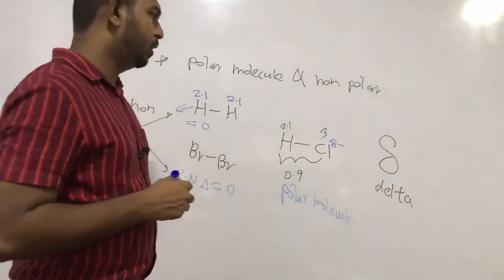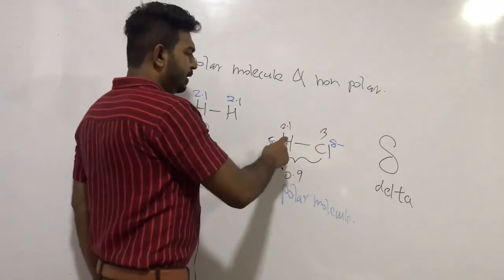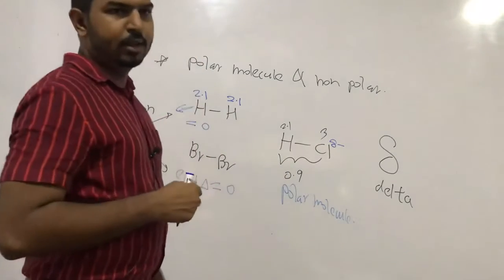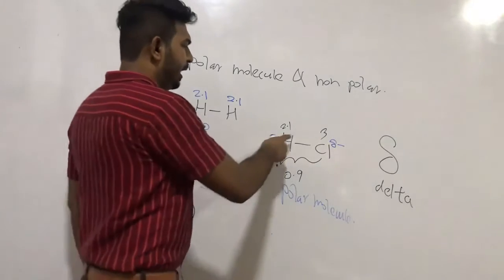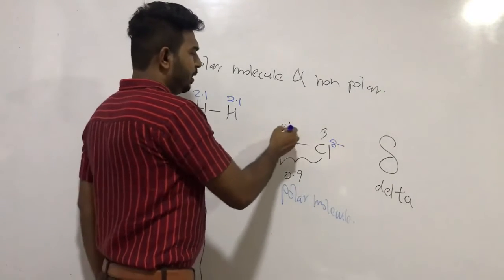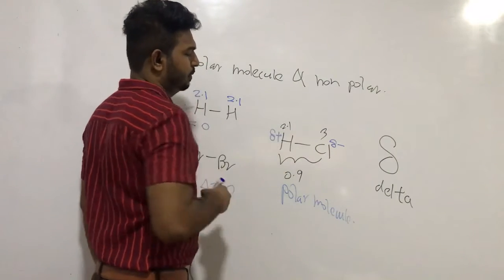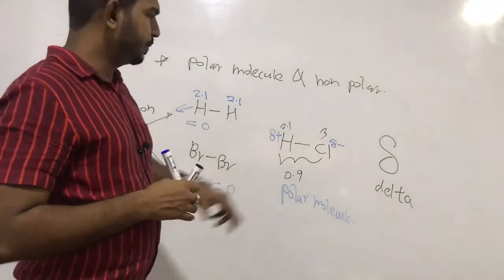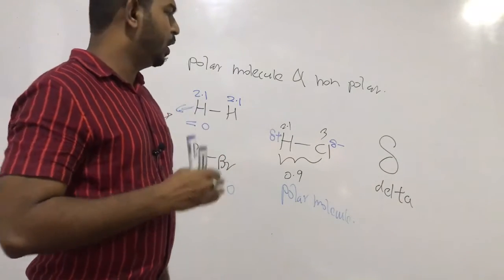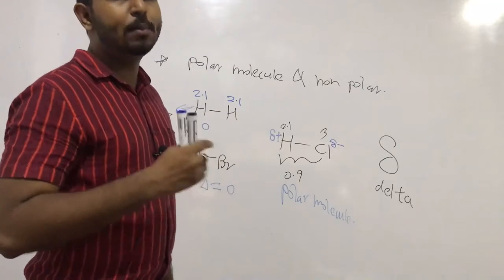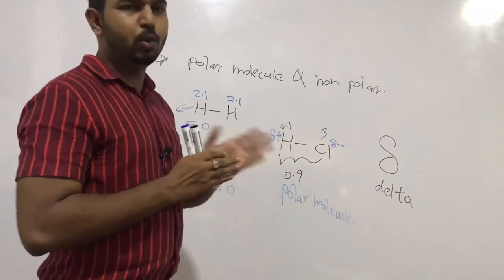Since this atom attracts electrons, the other one gets fewer electrons. The electropositive atom will get fewer electrons, so it will be polarized as delta plus. We call such molecules polar molecules, since there is an electronegativity difference between these two atoms.